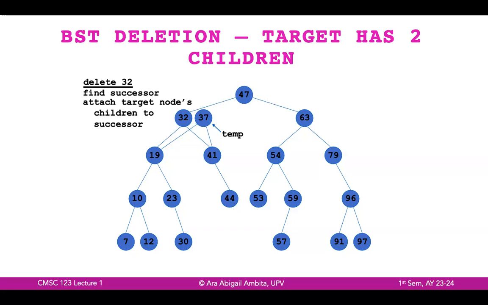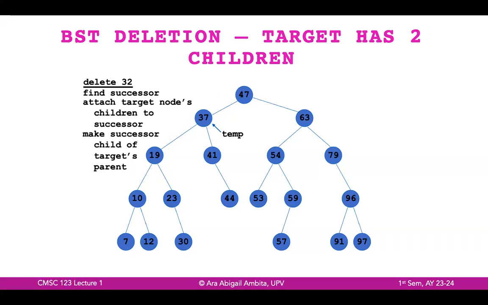And also, make the successor a child of the target's parent. So the successor is 37 and the target is 32 and its parent is 47. So now this 47 must be linked to 37. And now we can remove all the links of 32 from its children as well as its parent.